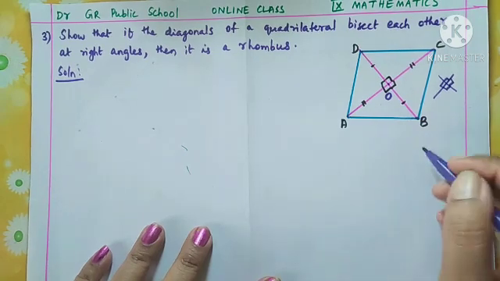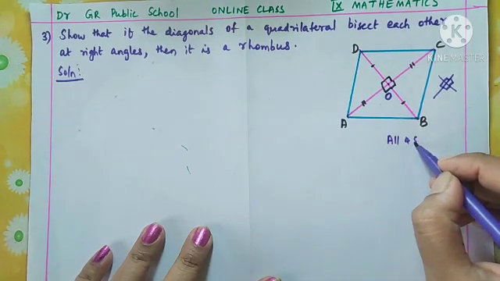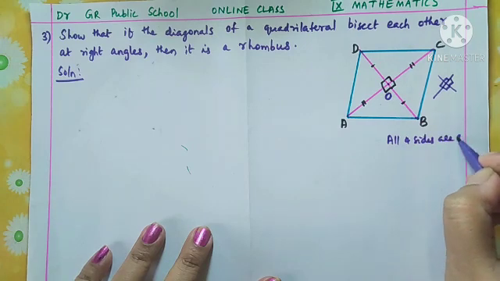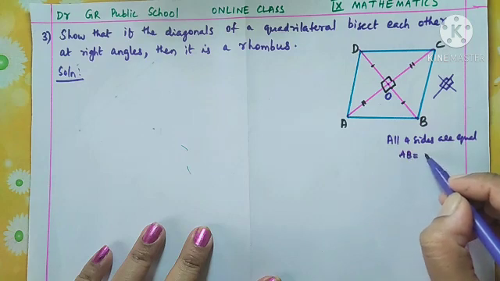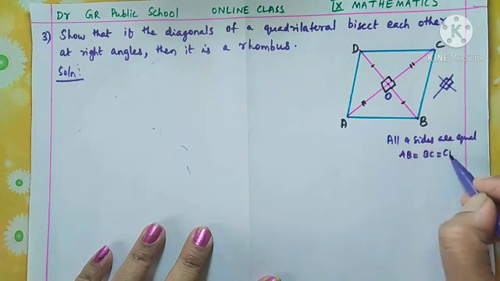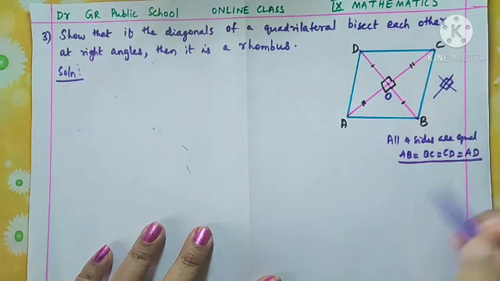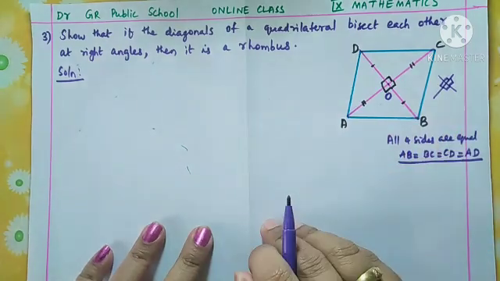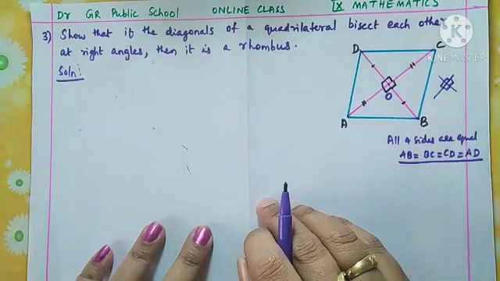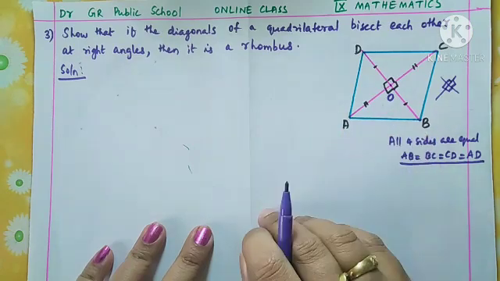The important property of a rhombus is all four sides are equal. So we want to prove here AB is equal to BC is equal to CD is equal to AD. So if we can prove all the four sides are equal here, then no doubt this is a rhombus. Okay. So here also we want to apply congruence rules to prove our result.